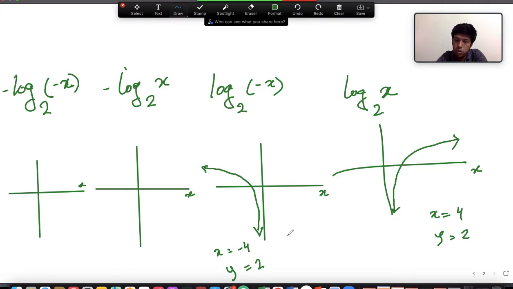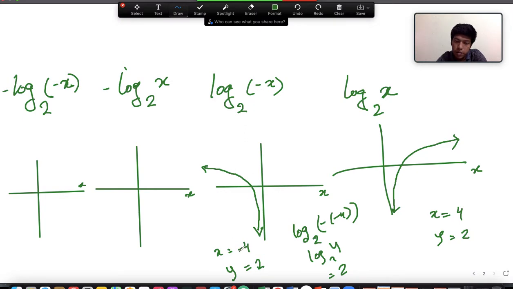Let me show you what I mean by that. Okay, so log 2 base, this minus is coming from this value, then x value is minus 4, then minus 4, so minus minus it becomes plus, log 2 base 4 equals to 2, this 2 is here. Okay, so this is what we mean by this.